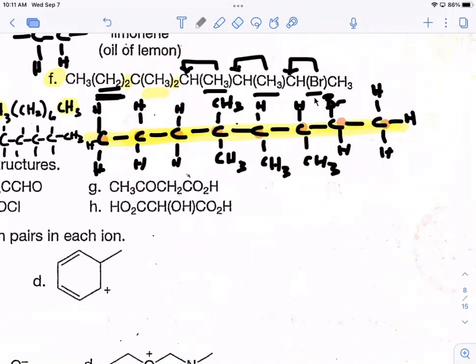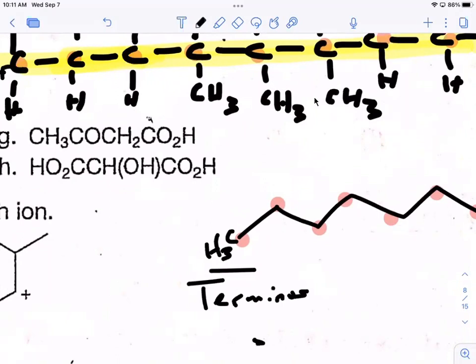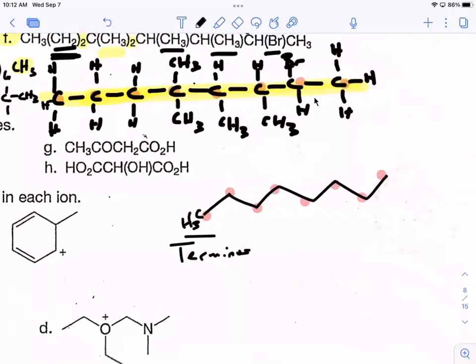So it's 8 carbons, which means it's going to be 7 strokes. And you can count that. 1, 2, 3, 4, 5, 6, 7, 8, like that. And then the end carbon here is a CH3. Every terminus, this is what we call a terminus, is a CH3, right? Every vertex is a CH2 unless something else is there. So we're going to leave these 2.